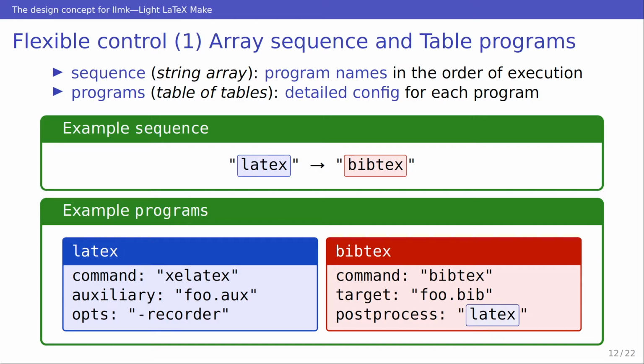In the example below, the sequence includes latex and bibtex, so this is a very simple case. The detailed configuration for latex says that we use lualatex for the latex command and use the option recorder. And for bibtex, we use the command bibtex.